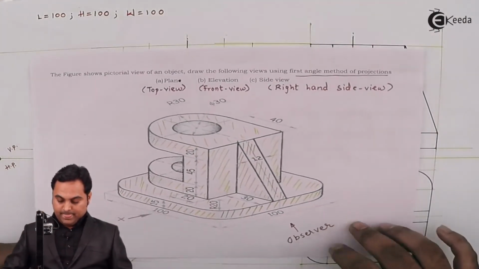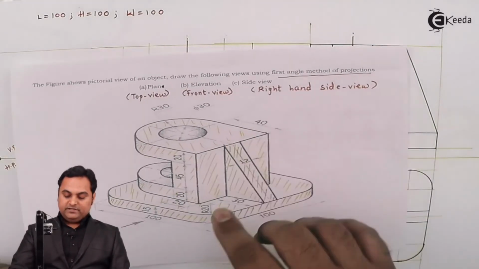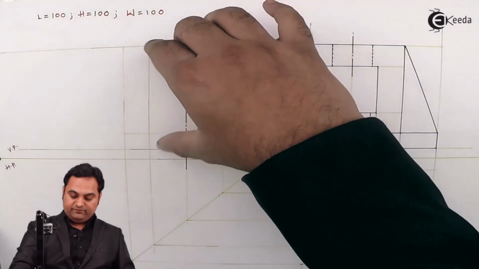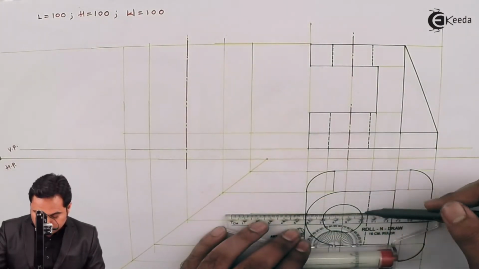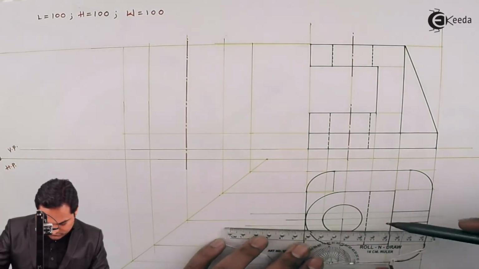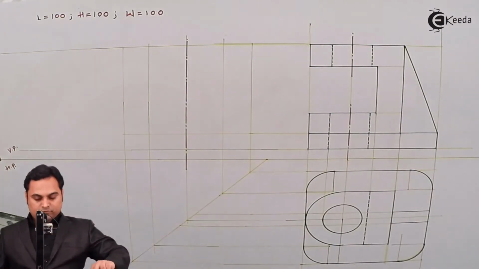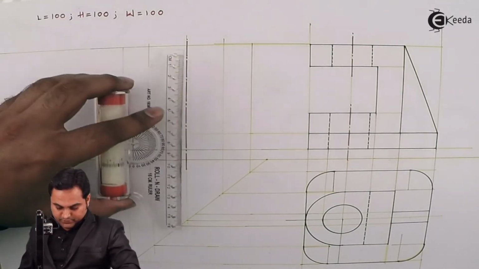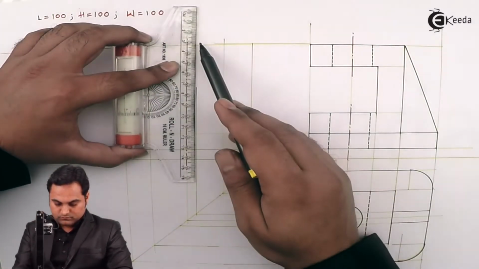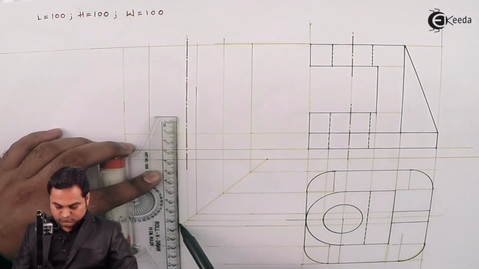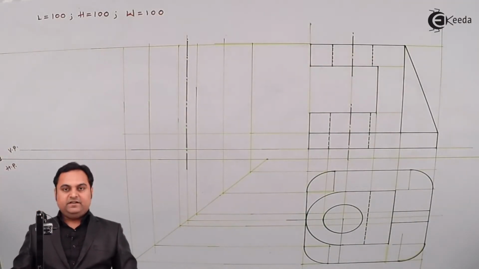At the same time, when we are looking as an observer here, this rib is completely visible. Its height can be got from the front view, and from the top view I'll get its width. So projecting the rib in the side view.